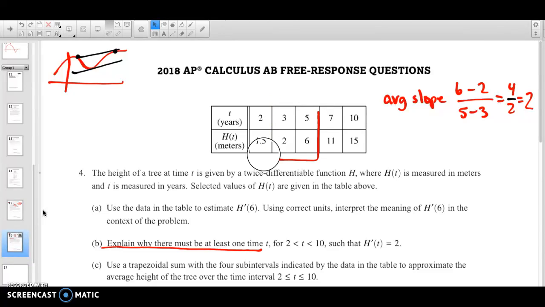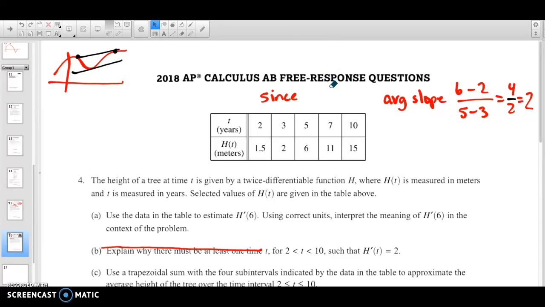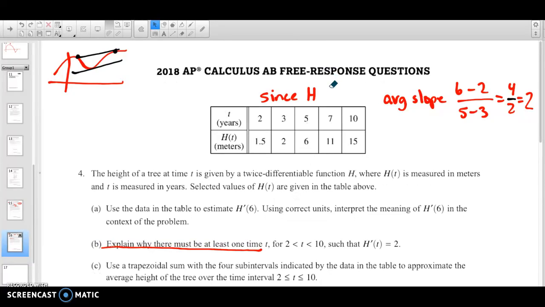So to write this out as a definition, I would write down: since h of t is differentiable and the average slope between 5 and 3 is 2, then by MVT, we can use MVT.